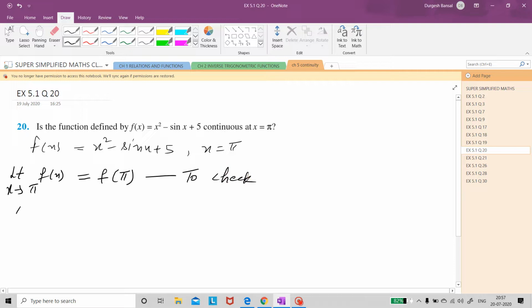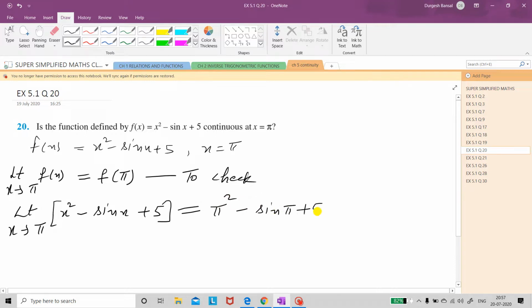Since there is no need to find the left hand limit and right hand limit, because this function has the same definition on the left and right of the point, we find the limit of the function at the point pi. So we simply substitute x to be pi. We get pi square minus sine pi plus 5, and the value of sine pi is 0. So we get pi square plus 5.